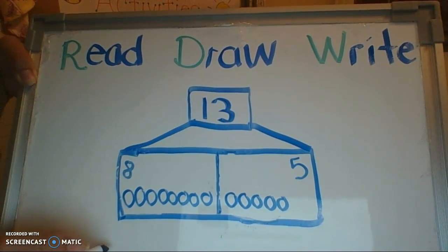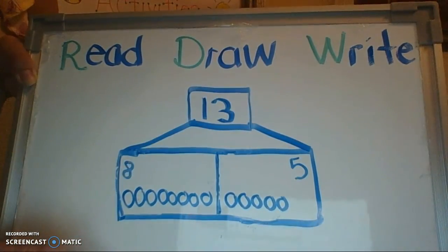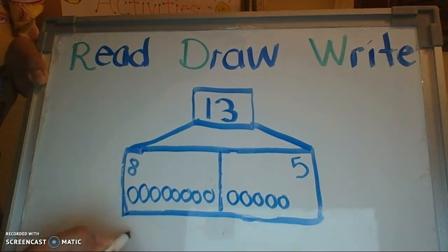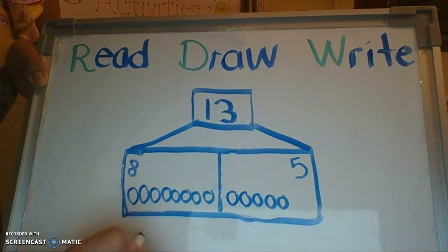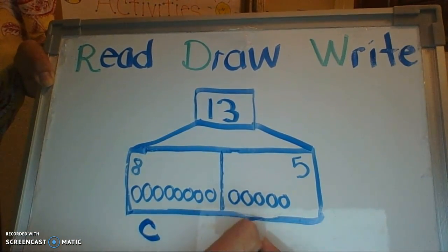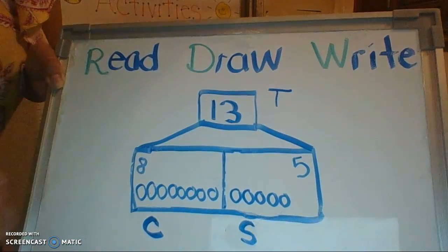So now, what is the next thing I'm going to do? I'm going to write my answer, and I labeled it. So let me go ahead and label it. These were chocolate cookies, and these were sugar cookies. And this is my total.